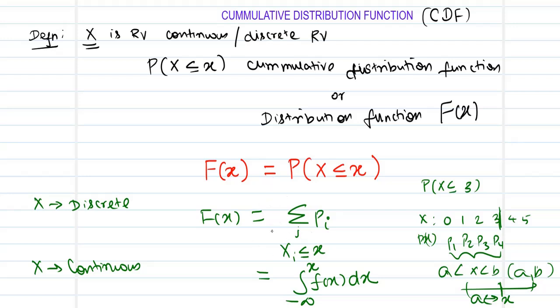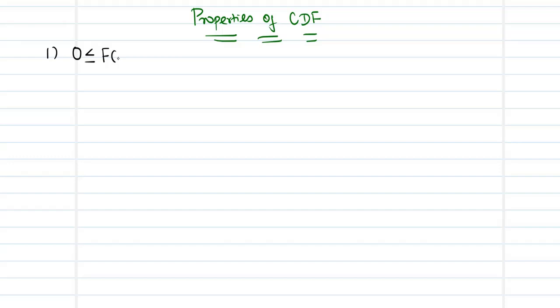Now having got the definition, we move on to the properties of a cumulative distribution function. First property: the cumulant always begins the counting with 0, moves on and on, and when it reaches the final value, it always ends up with 1.